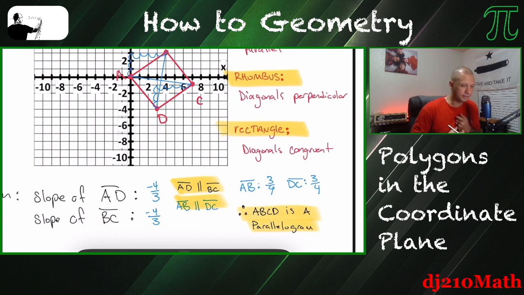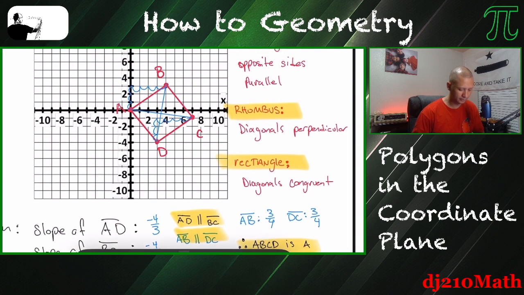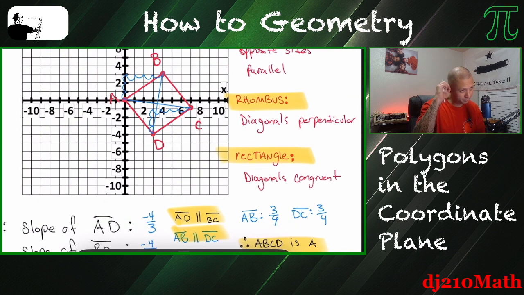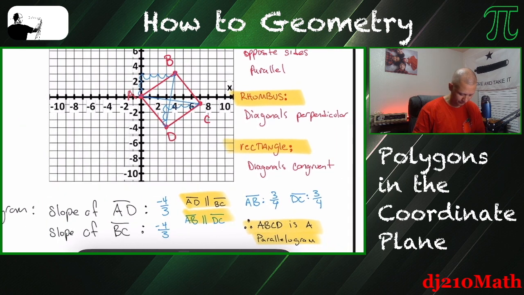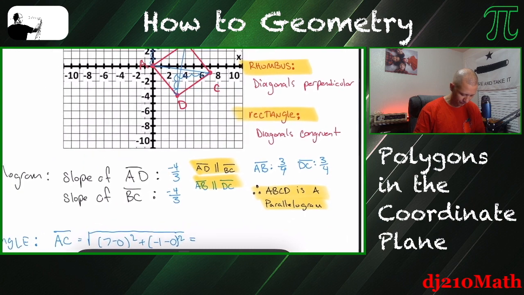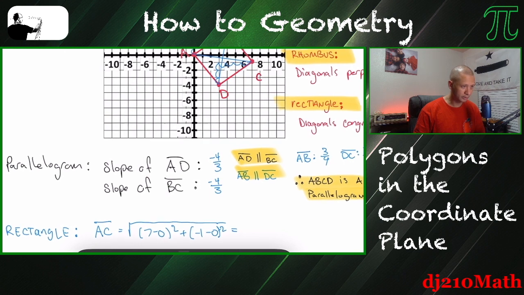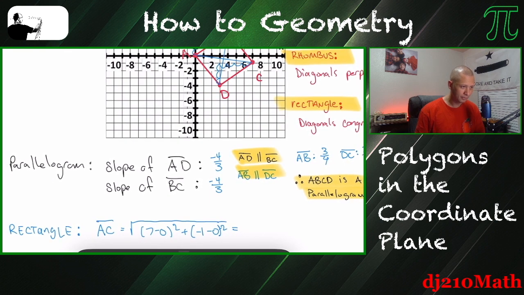Okay, next I'm going to show that the diagonals are congruent, that they're the same length. So that AC is the same length as BD. Feel free to pause the video and work ahead. All right, so the length of AC: 7 minus 0 squared plus negative 1 minus 0 squared.